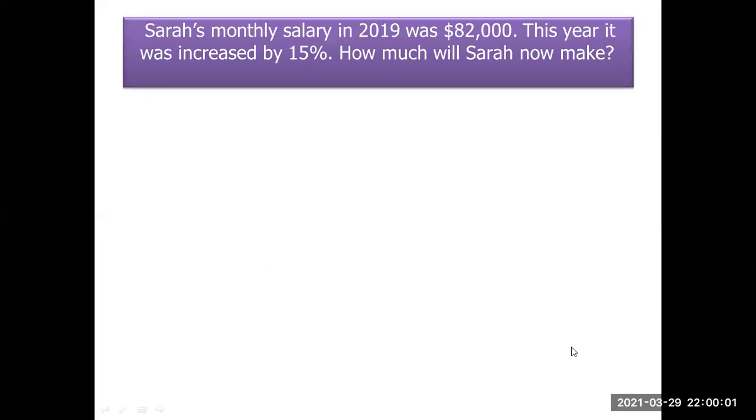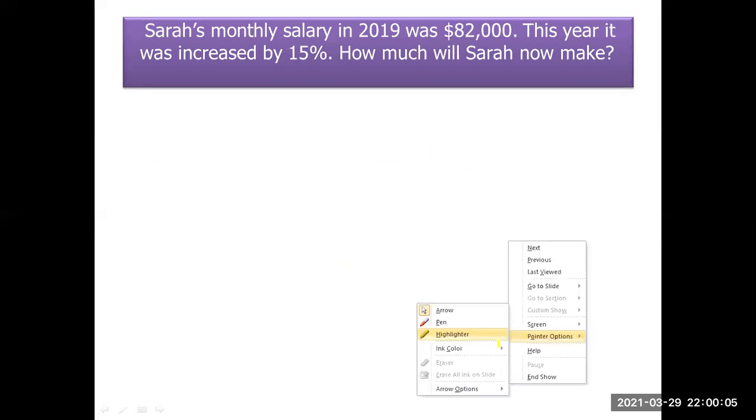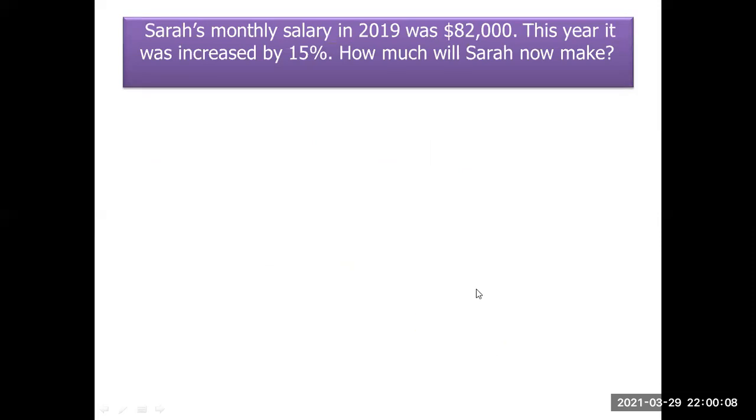All right. So let's do another problem. And let's see if we can identify some key terms in this problem. So Sarah's monthly salary in 2019 was $82,000. That's monthly salary, $82,000.